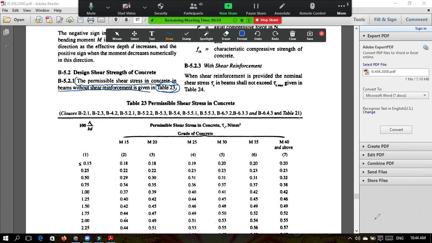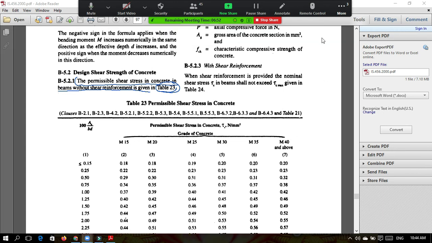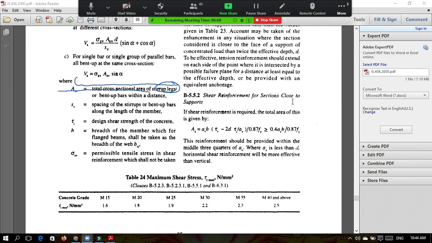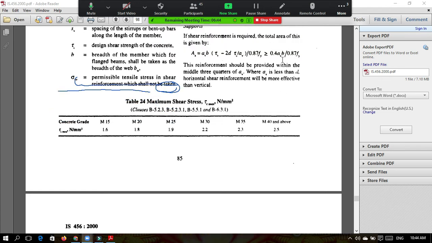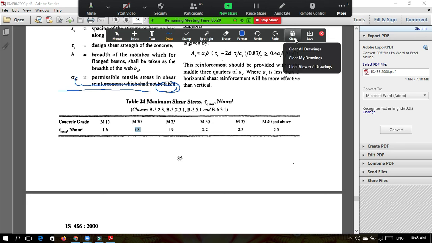And with shear reinforcement, these are the maximum stresses in the beam. That is the extreme value of tau c max. Beyond that value, the stress should not get developed. So the maximum value of tau c max over here is 1.8.